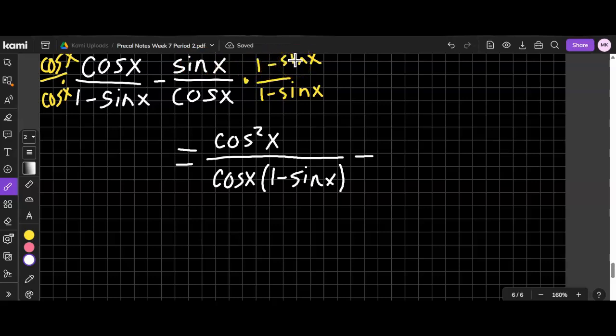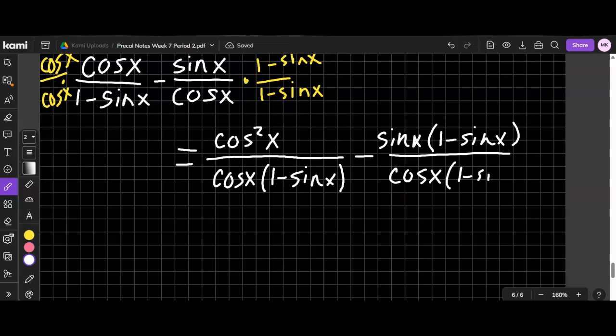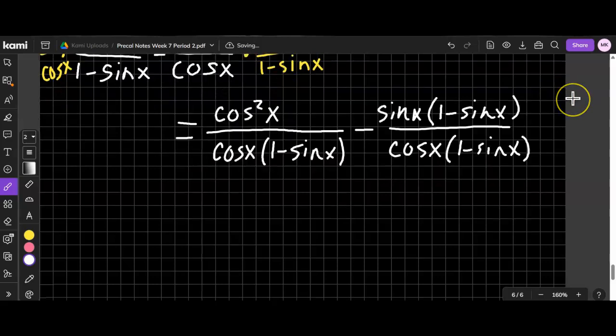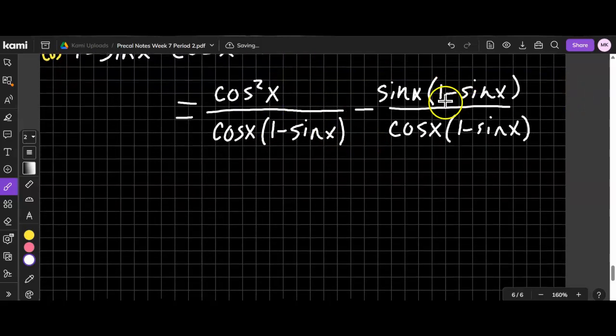So I'll go ahead and write that out. The sine of x times 1 minus the sine of x, all divided by the same denominator, the cosine of x, times 1 minus the sine of x. So let's do some simplification. I'm going to go ahead and actually subtract these two fractions together.